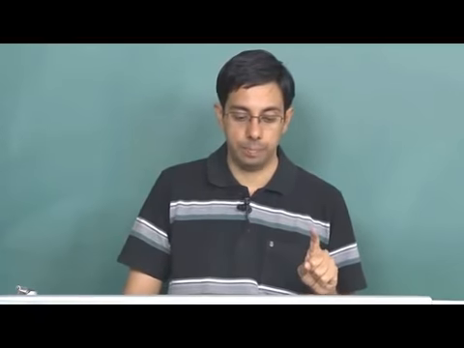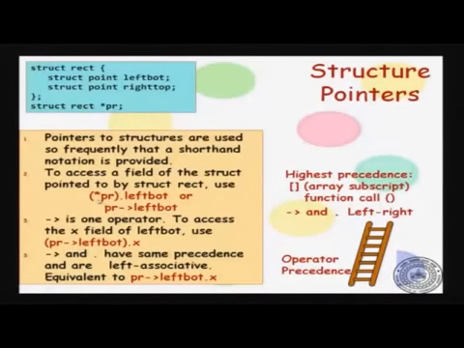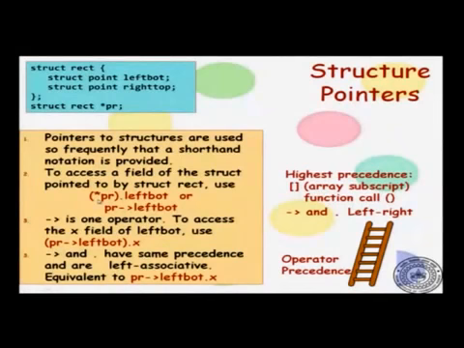PR is a pointer to a struct rect. You can access its left bot by saying star PR dot left bot or PR arrow left bot. Notice that these two characters, dash and angle bracket, form just a single operator. The arrow operator and dot have the same precedence, and both are left associative.